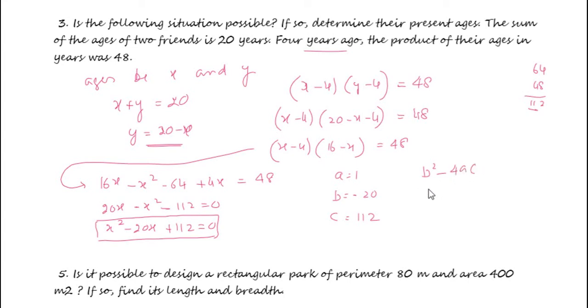B square is 400 minus 4 into 1 into 112, that is equal to 400 minus 448, that is equal to minus 48. We have b square minus 4ac less than 0, so we do not have any roots, so this situation is not possible.